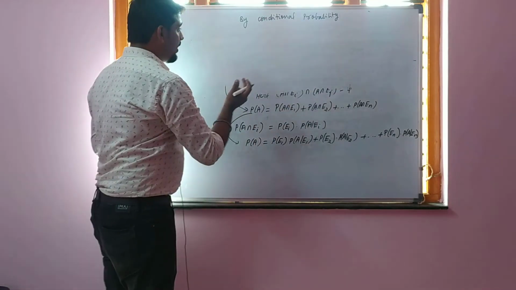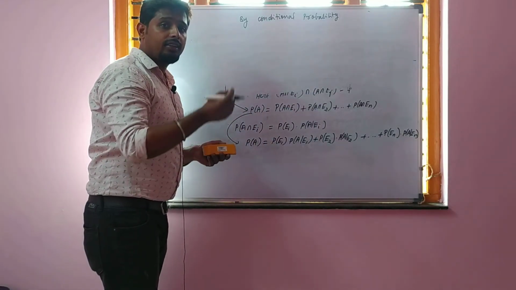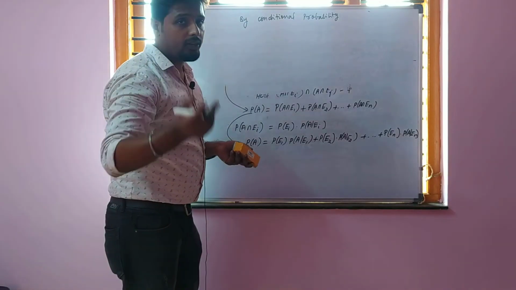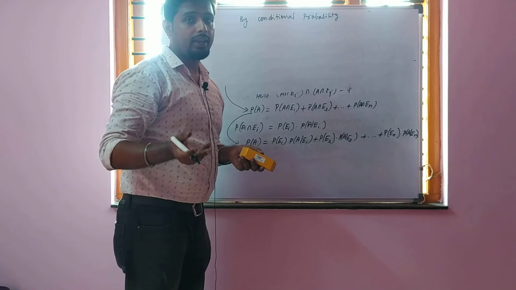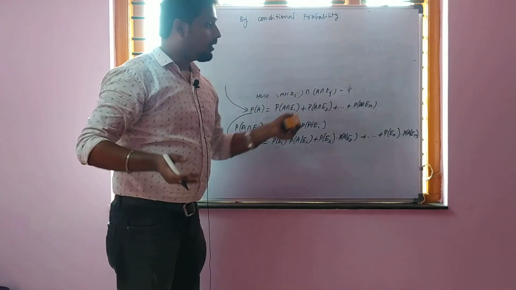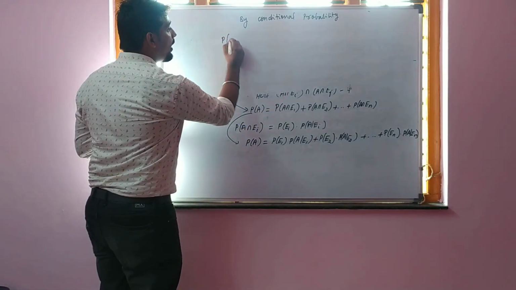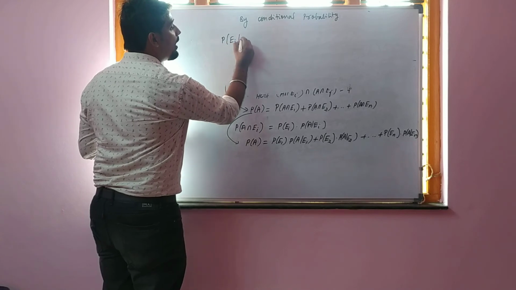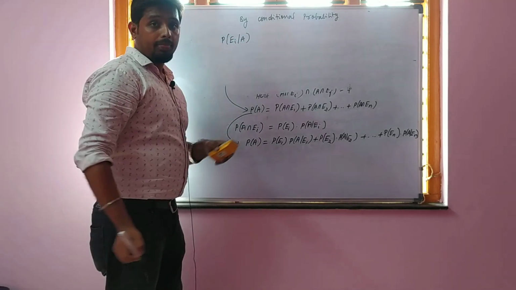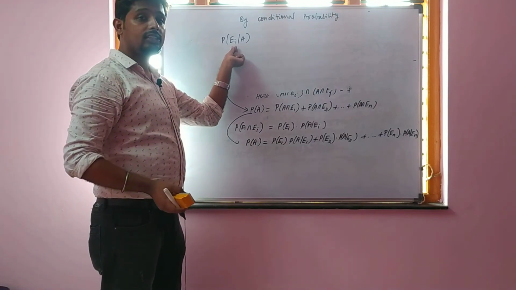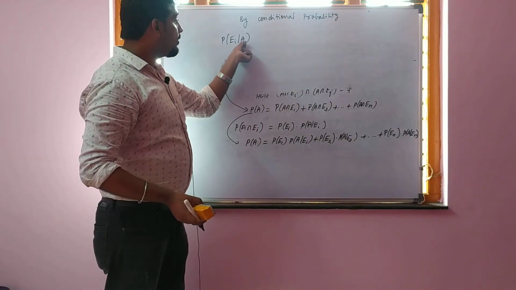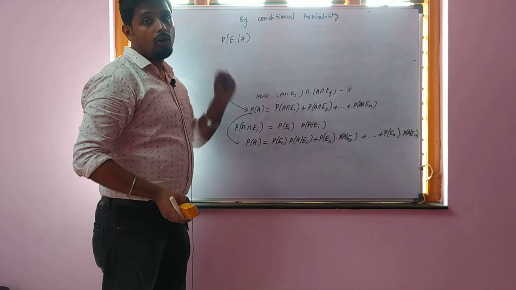Let us consider in general that instead of bag 1 it can be bag 2, bag 3, or any one of the n bags. So in general we write P of EI bar A. This is what I need to find: selecting a particular bag EI, where I ranges from 1 to n, given that it is a white ball.